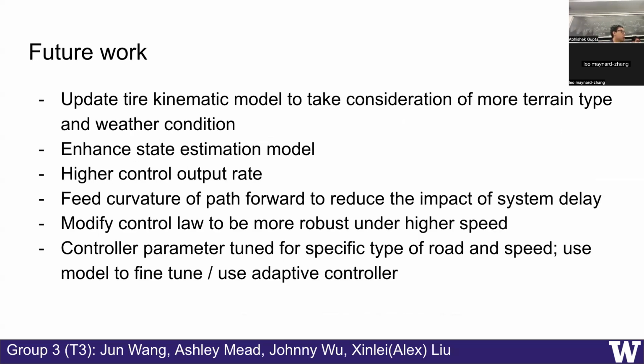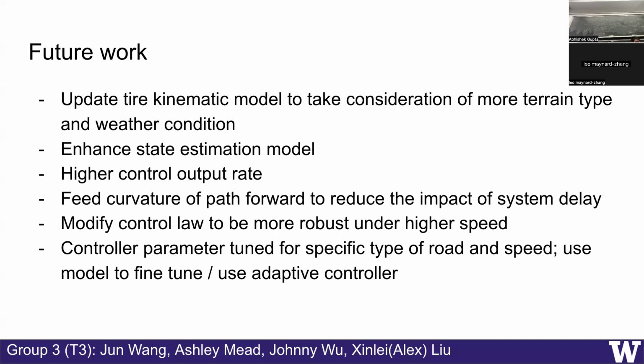Which brings us to possible future work. I believe the Stanley model has been used a lot for future works, and they adapted multiple changes based on this model. The first thing they could do is update the kinematic model to consider more terrain types and weather conditions, for example slippery roads, basically friction, all that kind of scenario.